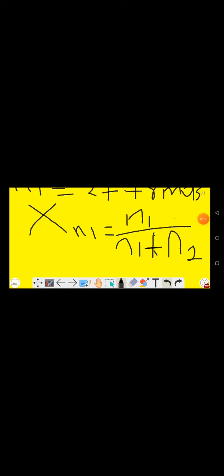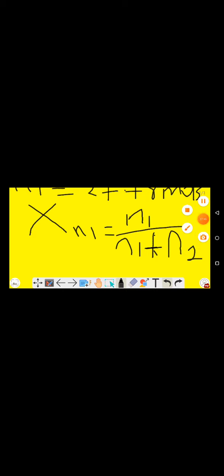So to calculate now the mole fraction of water, which is the solvent, the mole fraction of water is equal to N1 over N1 plus N2. These are just symbols I've introduced to represent the moles of water and the moles of glycerine.